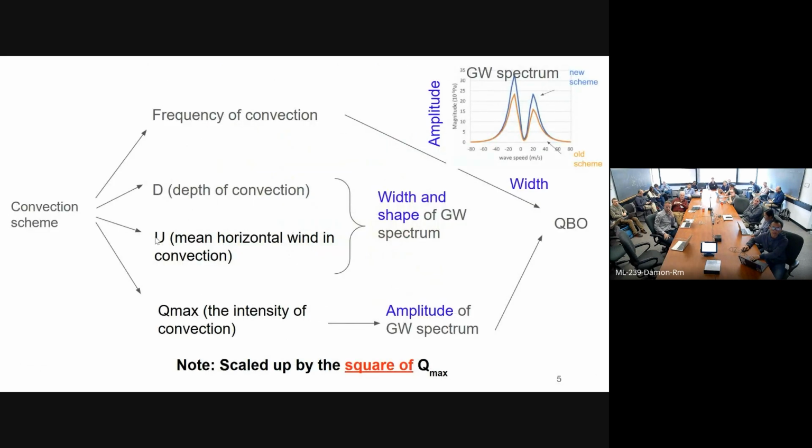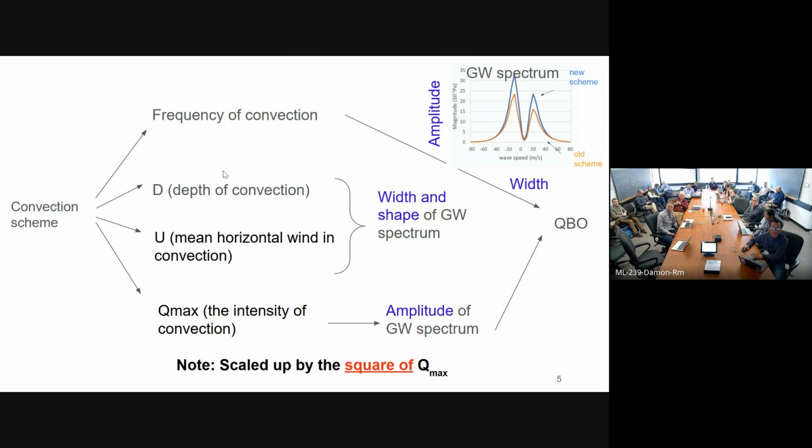At first, we have to improve the QBO representation in the model. So here I'm going to introduce the workflow from the deep convection scheme to the gravity wave scheme. The deep convection scheme, which is the ZM scheme, will generate the heating profile, and then the gravity wave scheme will take this heating profile and use it to drive the gravity wave spectrum.